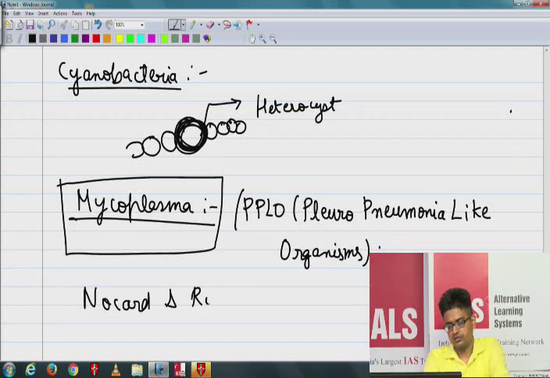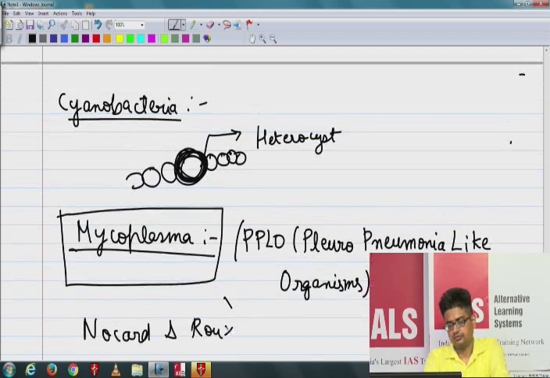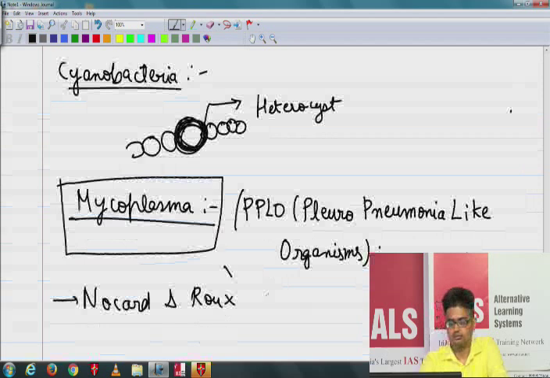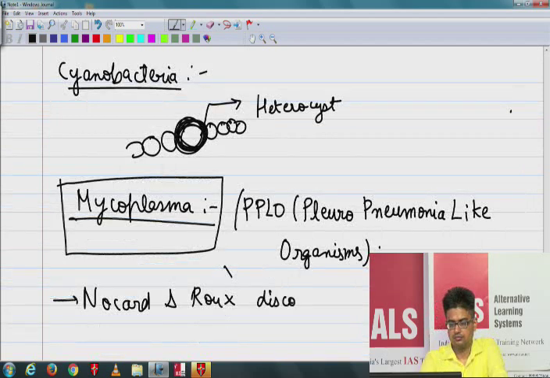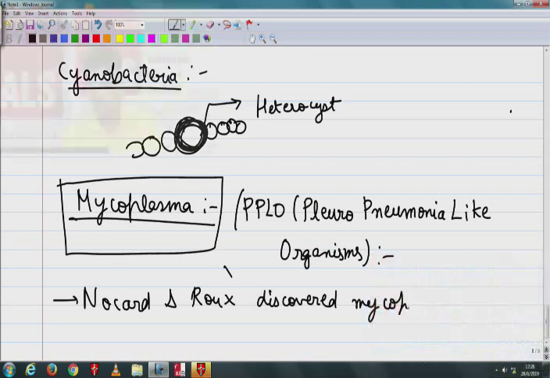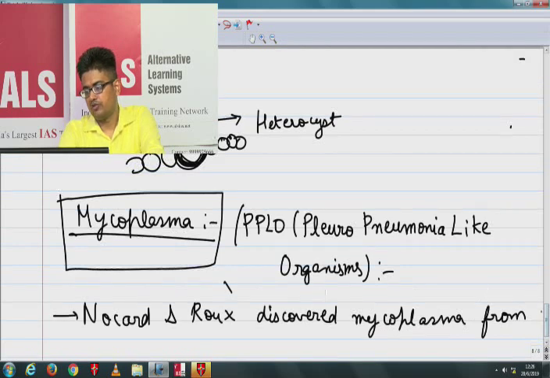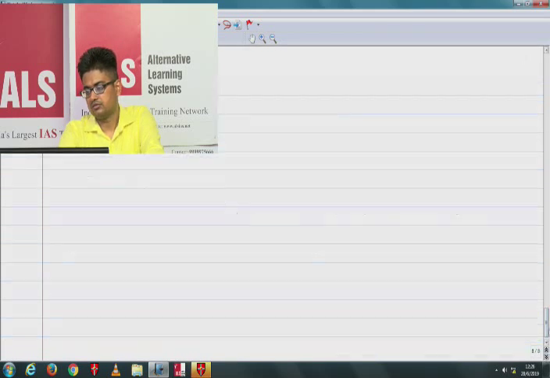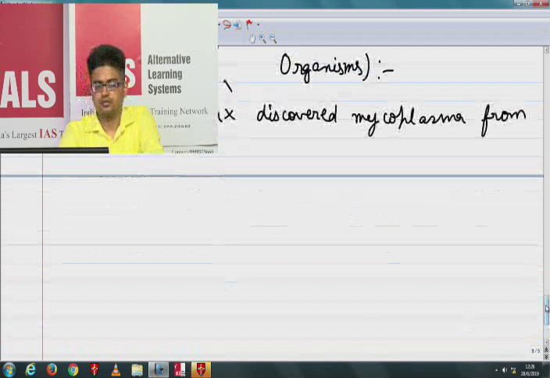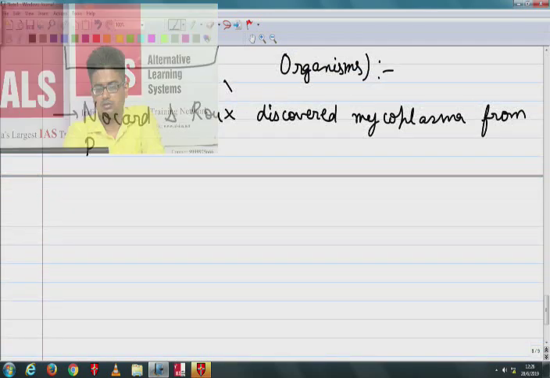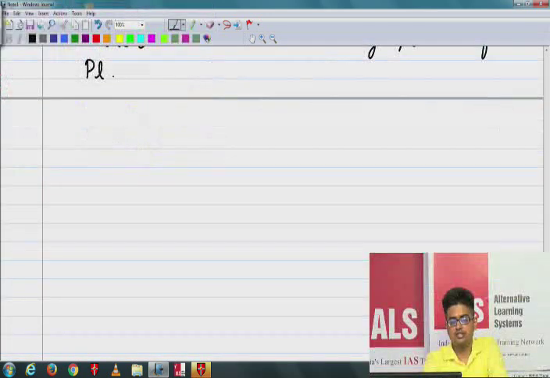Nocard and Roux discovered mycoplasma from pleural fluid of cattle. Do you understand what pleural fluid is?